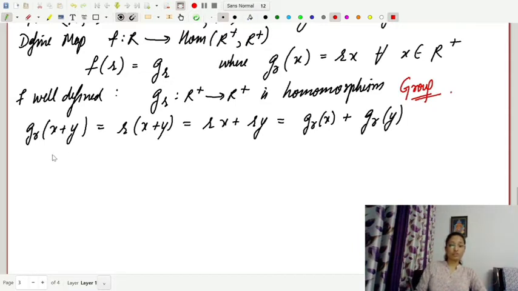Therefore we will not show multiplication. Now इससे अब हमें ये तो पता लग गया कि g_r belongs to Hom(R+, R+).